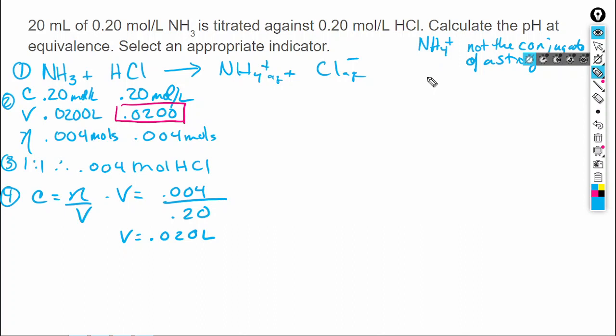So NH4 plus and water can react together, like we saw, and form NH3 and H3O plus.